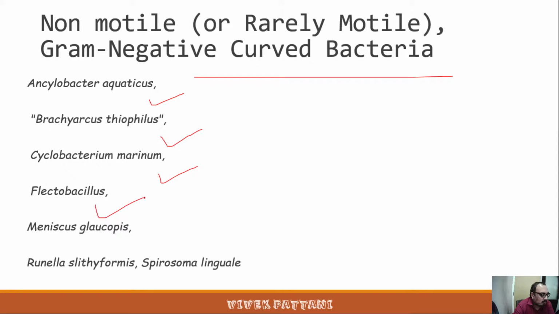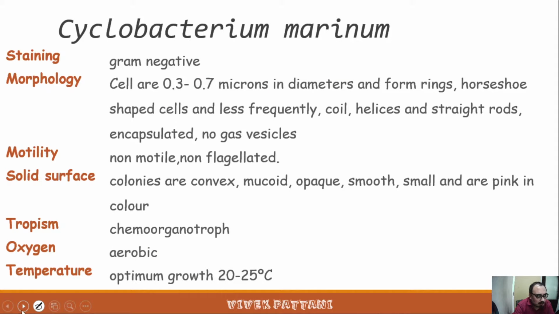Next is Flectobacillus. Next is Meniscus glaucopis. Next is Runella slithiformis. Next is Spirosoma linguale. And this is a very small group, so very little study has been done on this group, and the maximum study was done on this single bacterium, Cyclobacterium marinum.